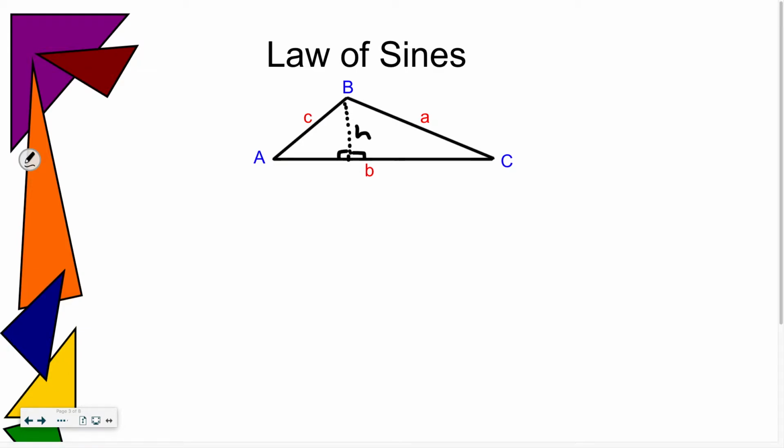If I cover up the triangle on the right and focus on this triangle over here on the left, I could solve for the height because I would know this side C and this angle A, and that would be opposite and hypotenuse. So I could make an equation that says if I knew the sine of A and I knew side C, that sine A was H over C.